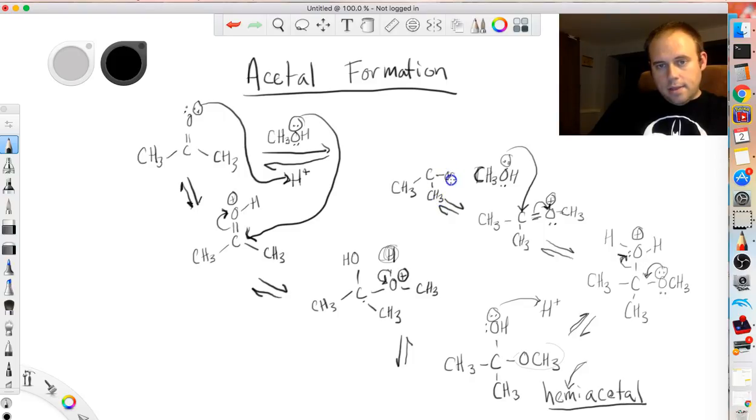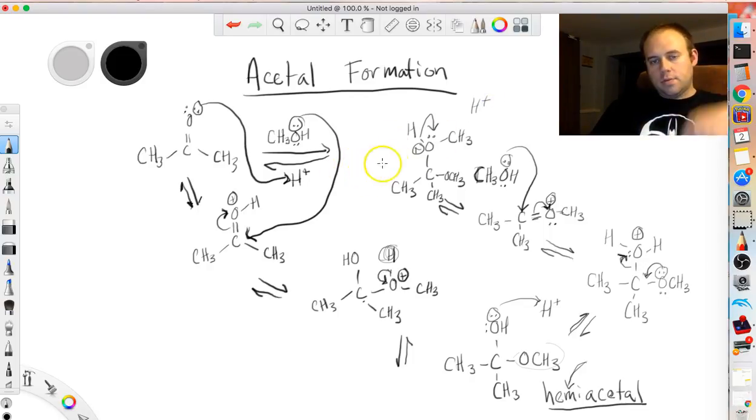I get the OCH3 back, and now I've got a new OCH3. It is protonated because it came in as an alcohol. So the same thing is going to happen. This is going to leave and give you the H plus back. And so the final structure will be 2 of these ether groups that are present on the compound.